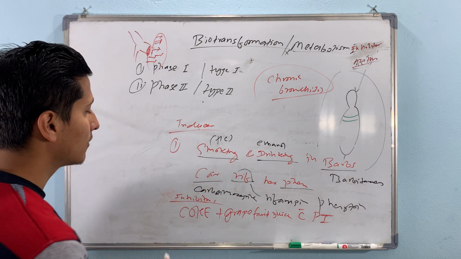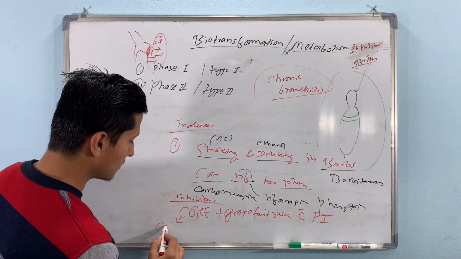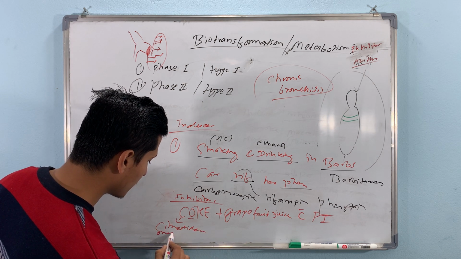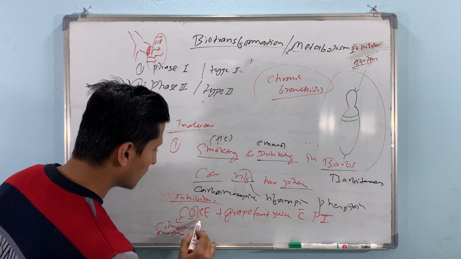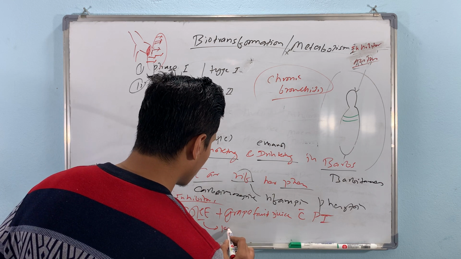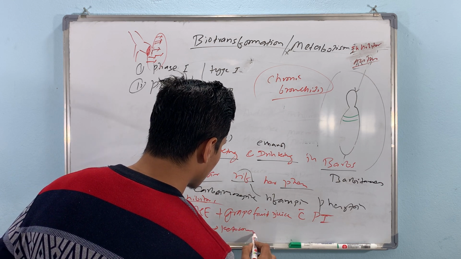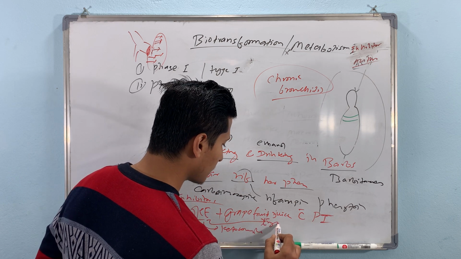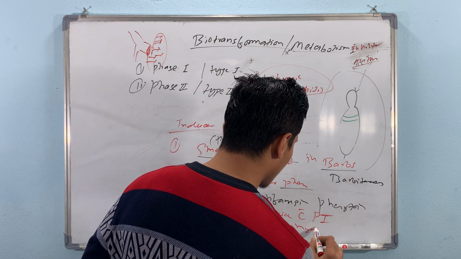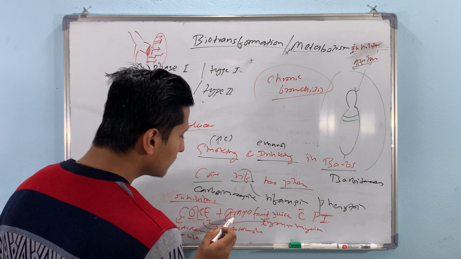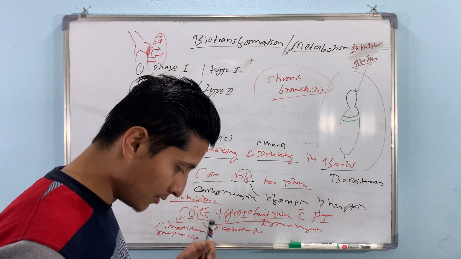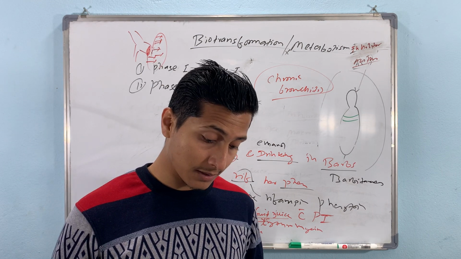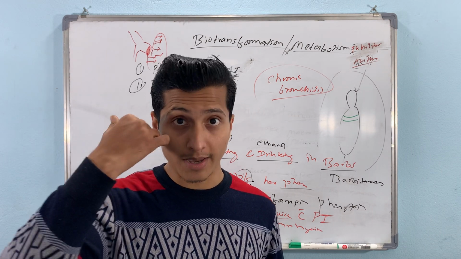So this C refers to cimetidine, and this O refers to omeprazole. This K refers to ketoconazole, and this E refers to erythromycin. And grapefruit juice is also a very famous inhibitor because it contains a substance like furanocoumarins.